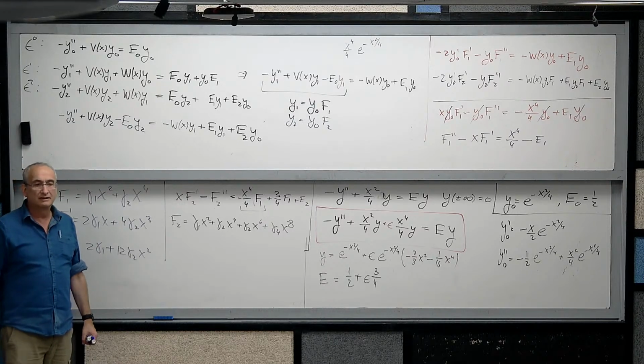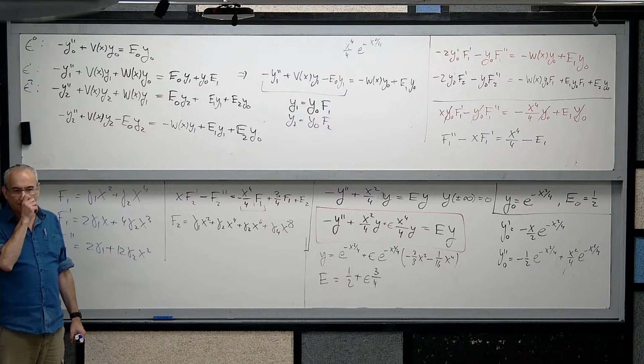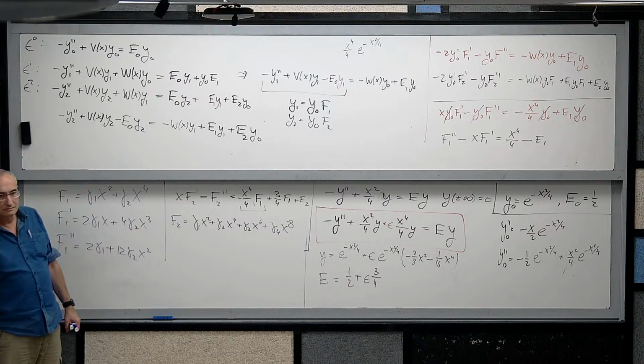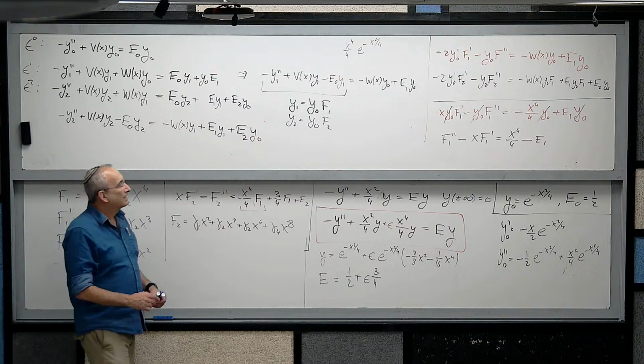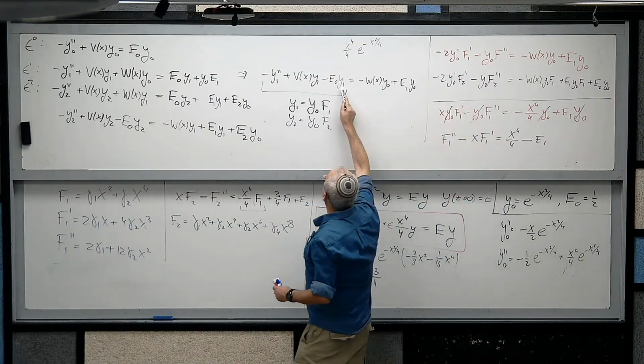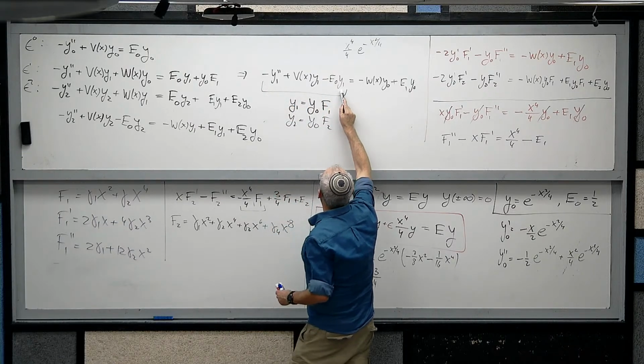The question: you said that you can use y1 equals y0 f1 up to the first order because you neglected the other solution, right? I do not understand. The general expression is the original form of the differential equation.